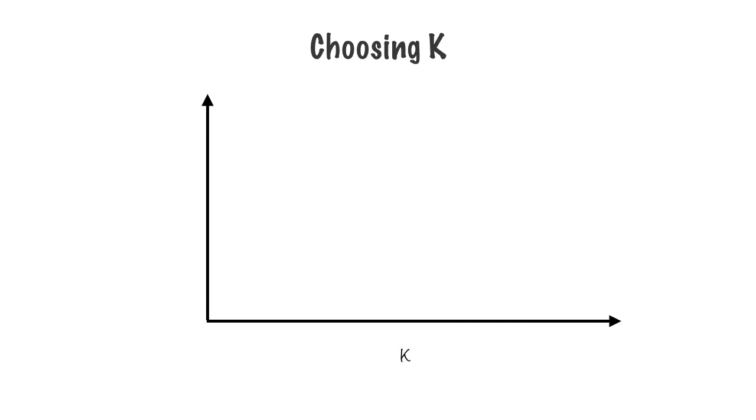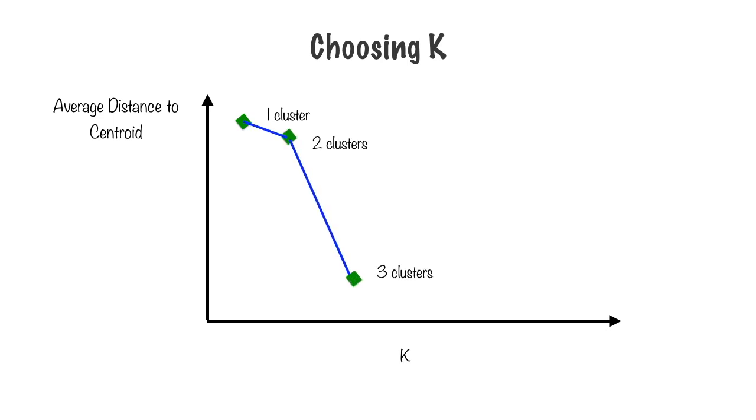Let's say you have a 2D axis, the x and the y axis. You plot k along the x axis, and along the y axis, you have the average distance from every point to the centroid of the cluster to which they belong. We'll start off with k equal to 1, which is you don't divide the data into clusters at all, and find the average distance of every point from the centroid of that cluster. You'll get some value. Now, let's say you move to 2, 3, 4, 5 clusters.